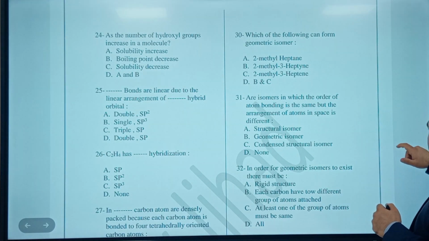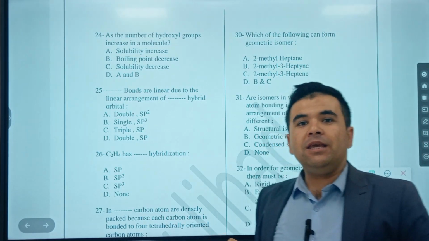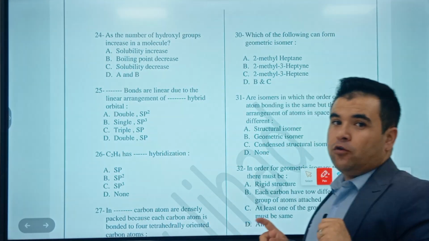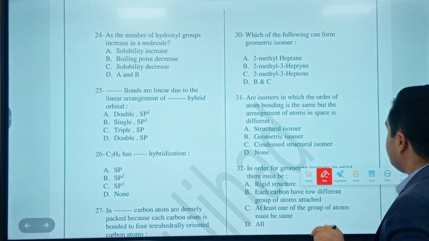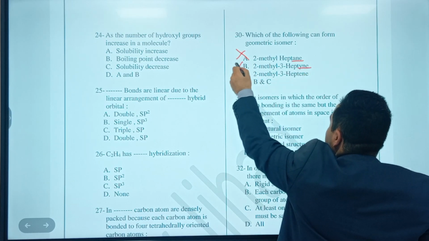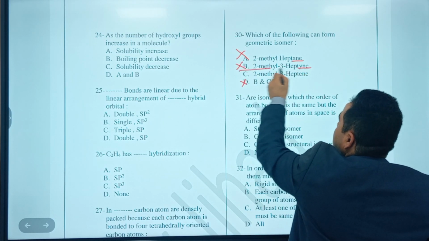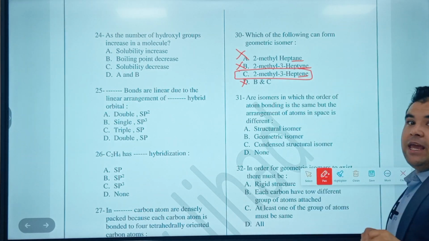In order to know which one can form geometric isomer, of course, always the alkene, the double bonds, they can form geometric isomers. So any compound ending with ANE and YNE, we have to eliminate. This ends with ANE, it's not. YNE is not. And B, C, so C is the correct answer because it ends with ENE.